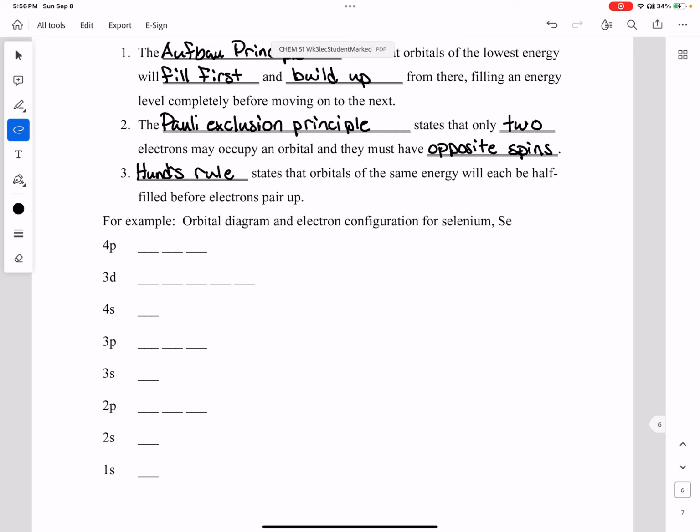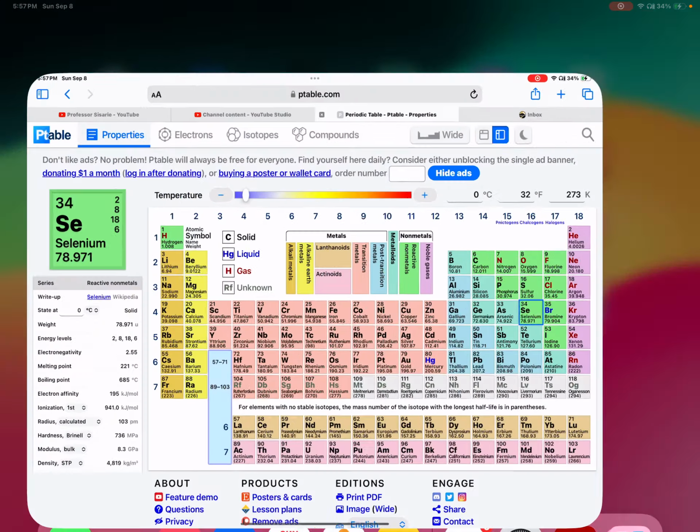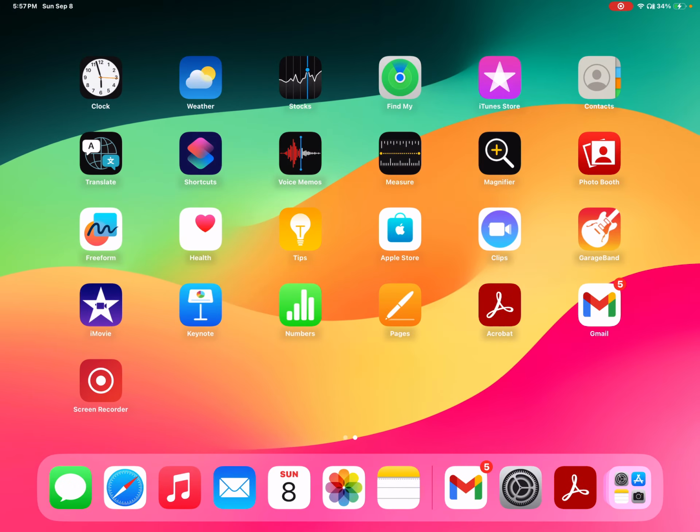So let's start filling from the bottom, lowest energy. Okay, that's an electron, and that's an electron with the opposite spin. Okay, so what did we say it was? 34.